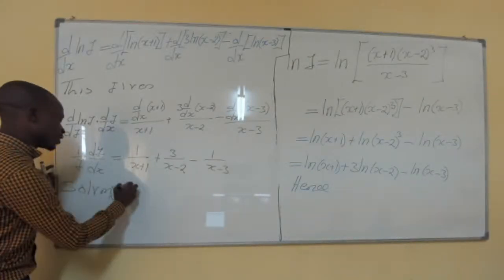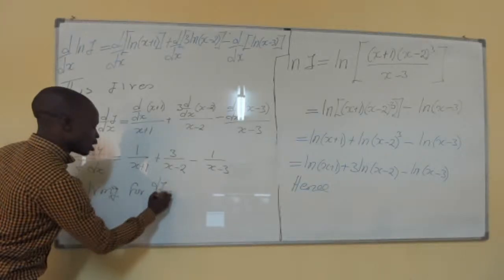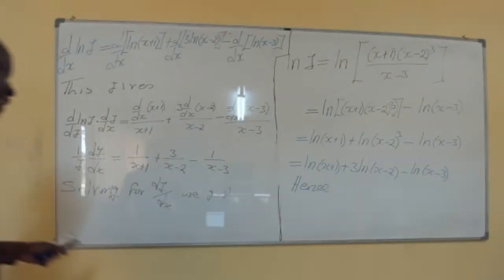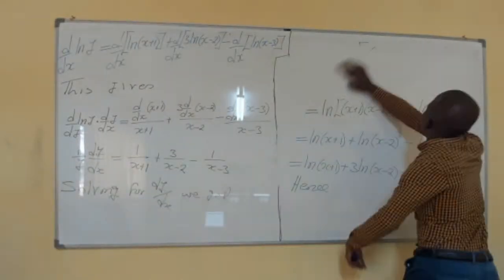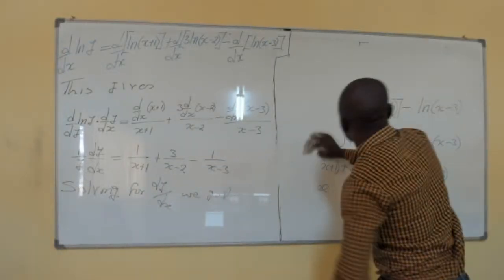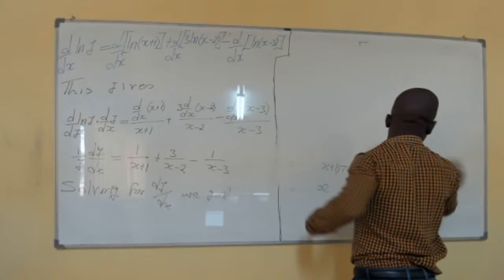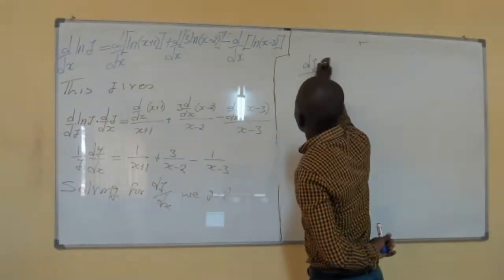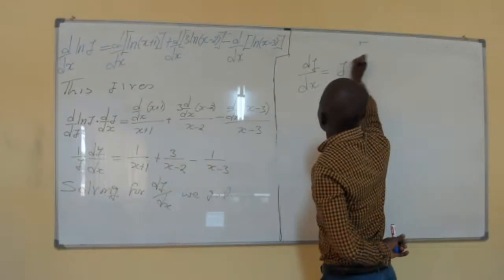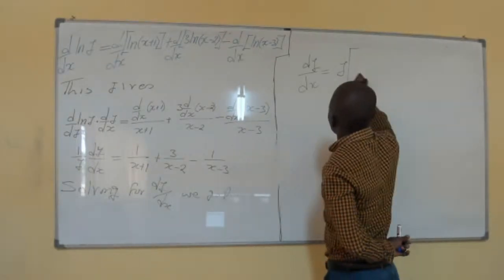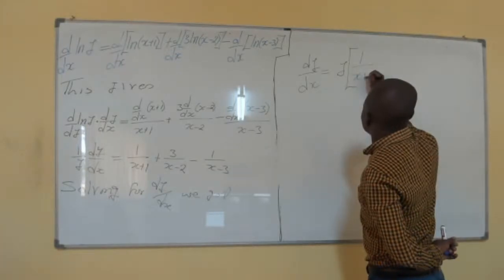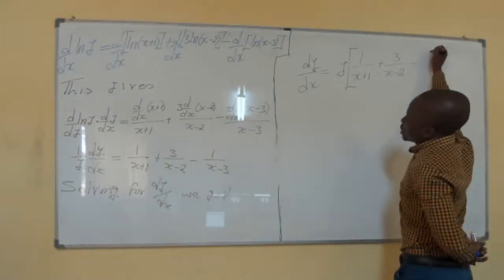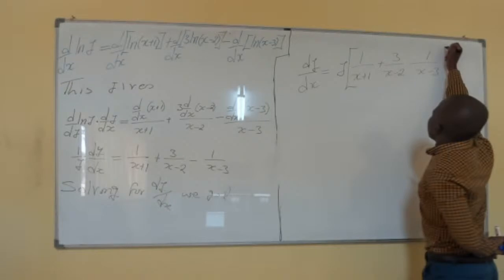So solving for dy/dx, we get the final answer to this question, which is dy/dx is equal to y times (1 over x plus 1 plus 3 over x minus 2 minus 1 over x minus 3).